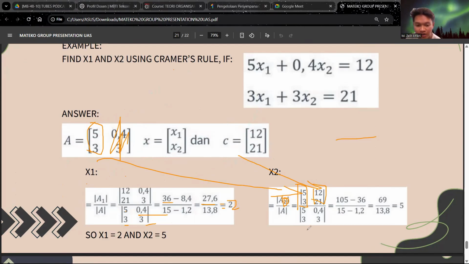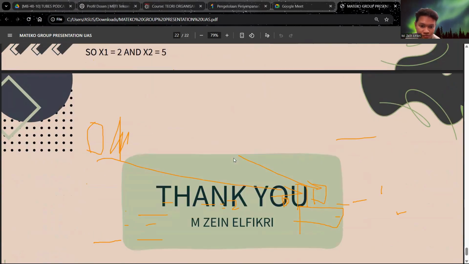And we divide by the determinant, which is 5, 0.4, 3, and 3. Then we have the result 110 minus 36, and 15 minus 1.2, and we have 69 divided by 13.8, and the result is 5. So x1 equals 2 and x2 equals 5.